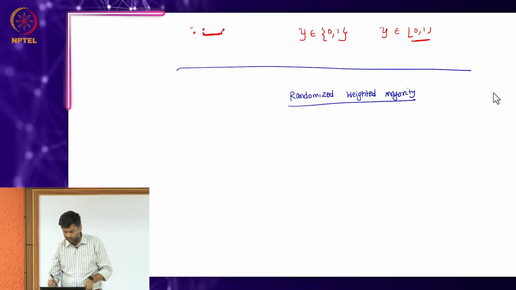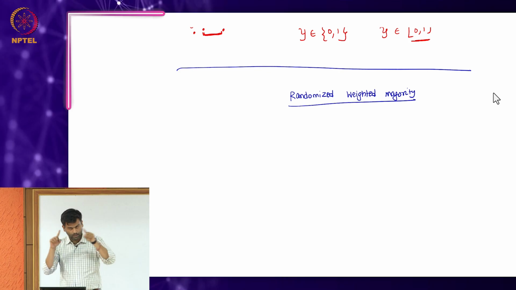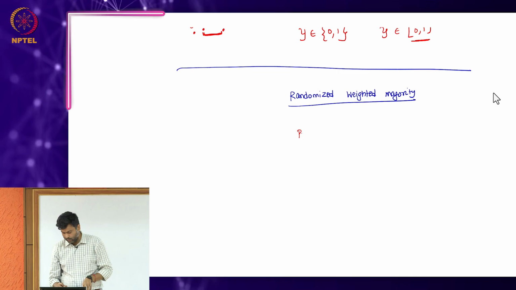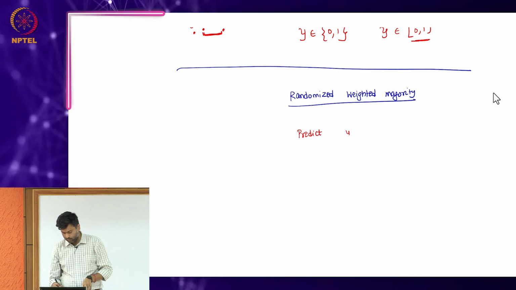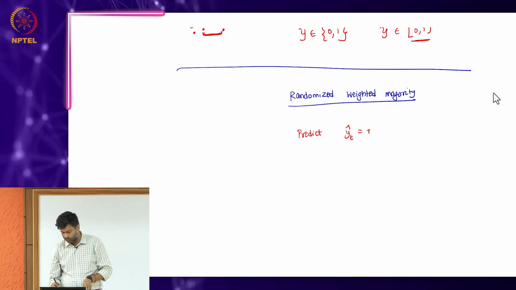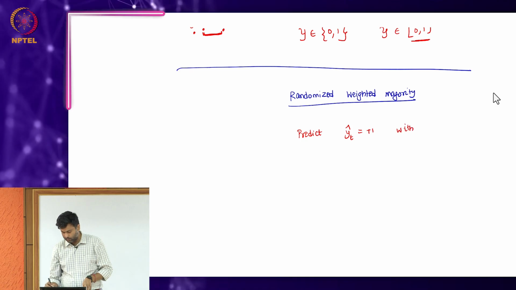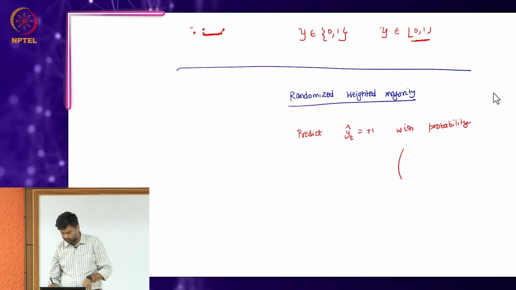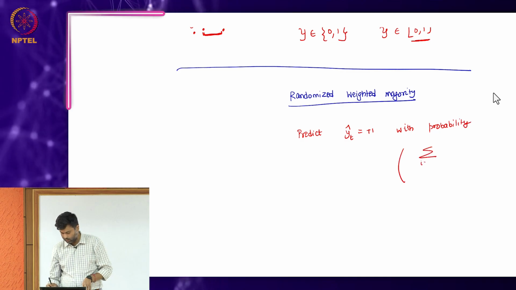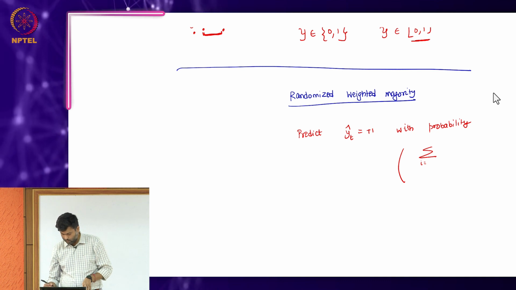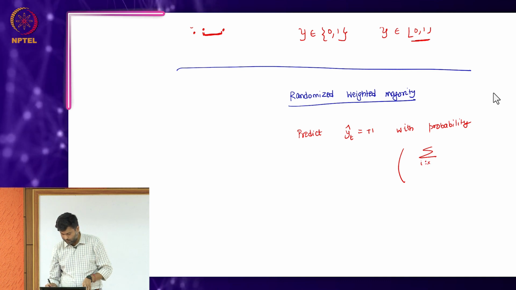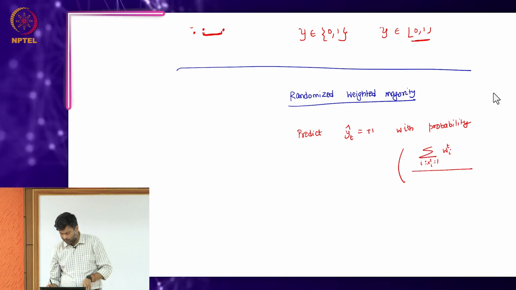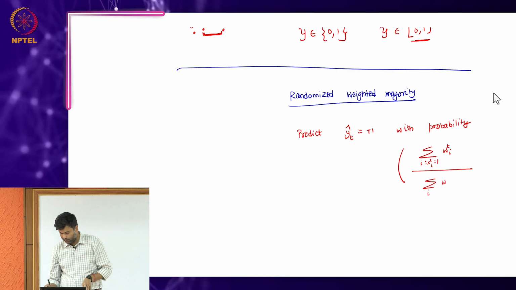So I'm not going to write the whole algorithm, but it's the same algorithm except that step that I have boxed there, which is the deterministic resolution of decision, which now becomes the following: predict y hat t equals 1 with probability the sum over everybody who says 1, their weights in the ith round, divided by just the sum over all weights.